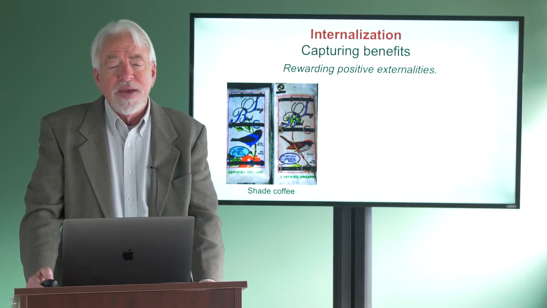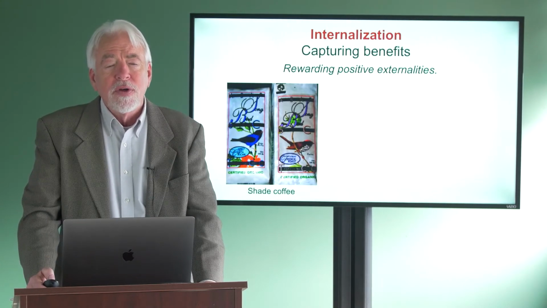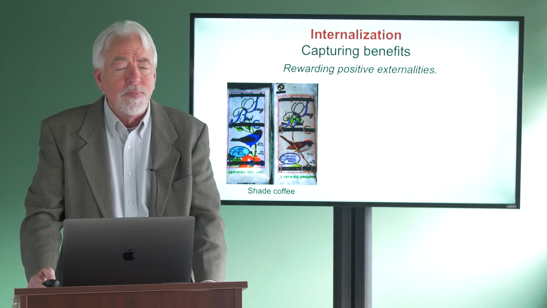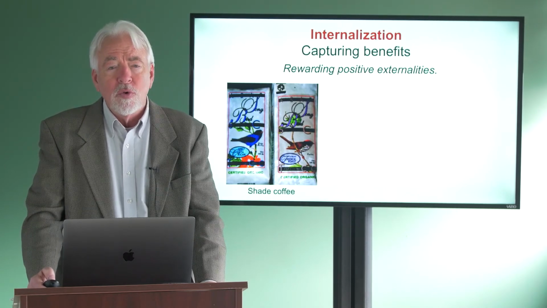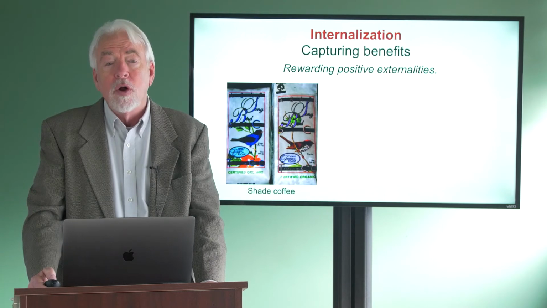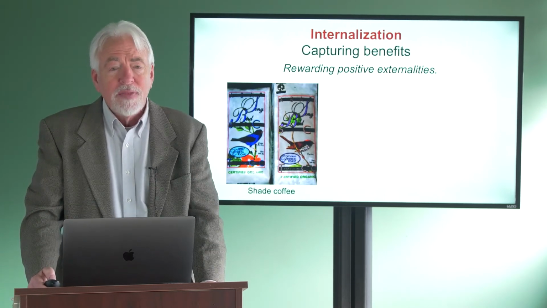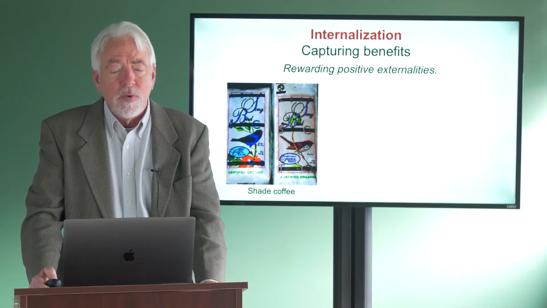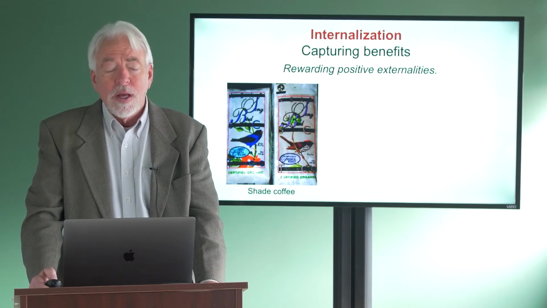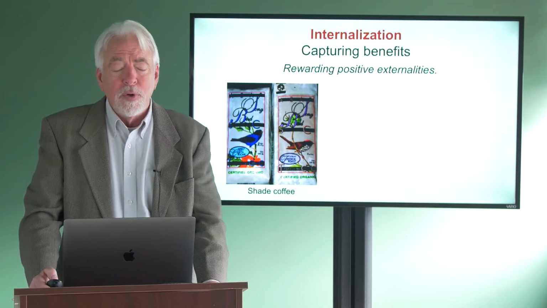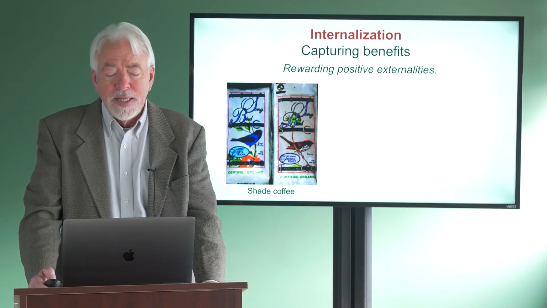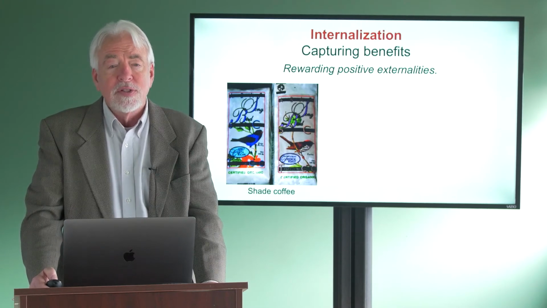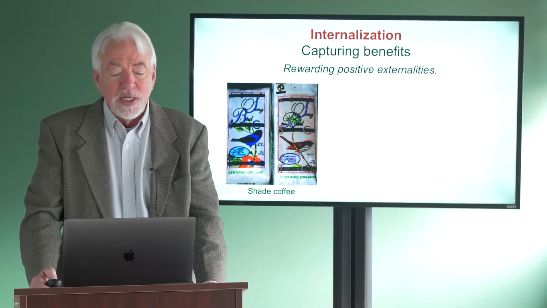An example of activities that produce positive externalities would be the cultivation of shade coffee in Central America and other parts of Latin America, like Peru, where coffee is grown in the traditional way in mixed forests, where there are taller trees that loom above the coffee trees that not only help to sustain coffee production, the shade is good for the varieties of coffee being grown, but also provide habitat for wildlife, including for neotropical migrant birds, the kinds of birds that come up to North America to breed in the summer months and then winter down in the forests of Central and South America, many of them shade coffee forests.